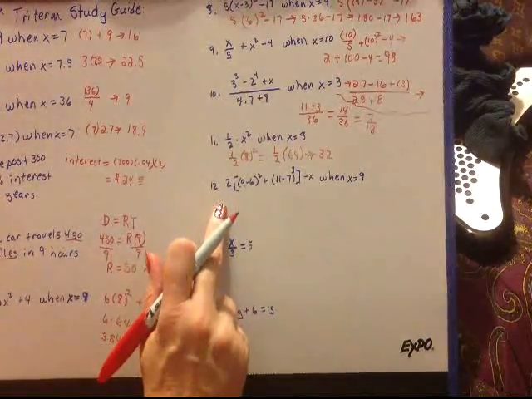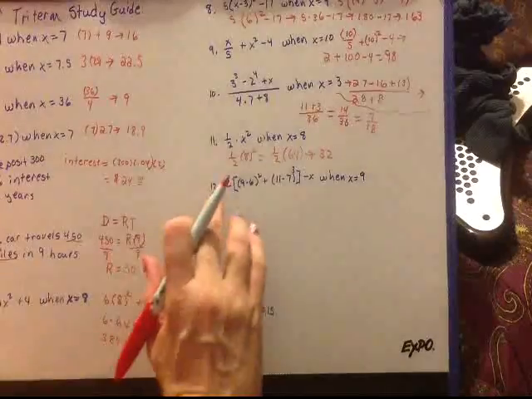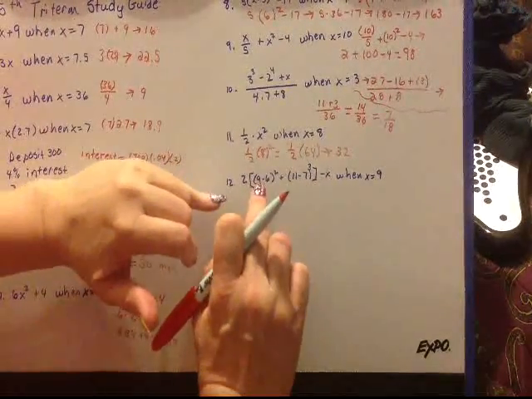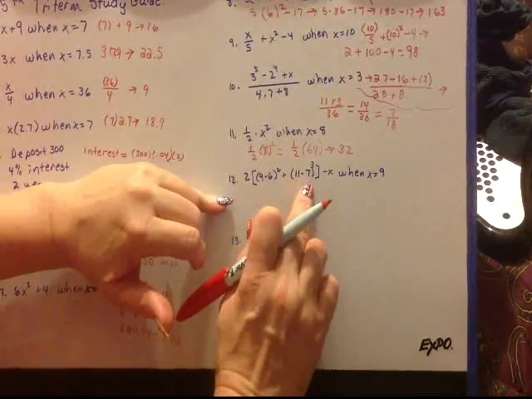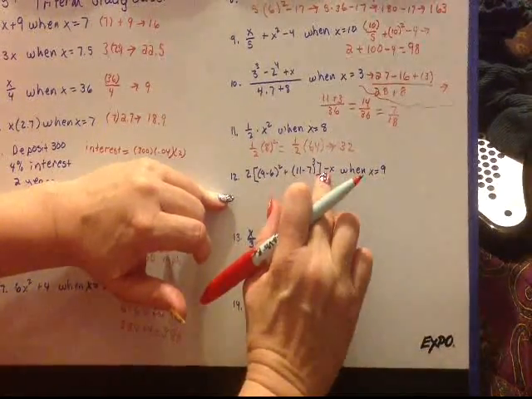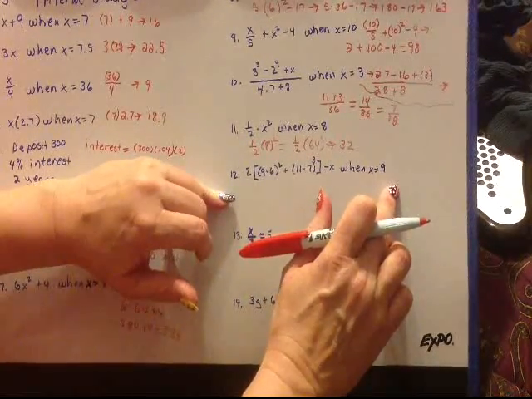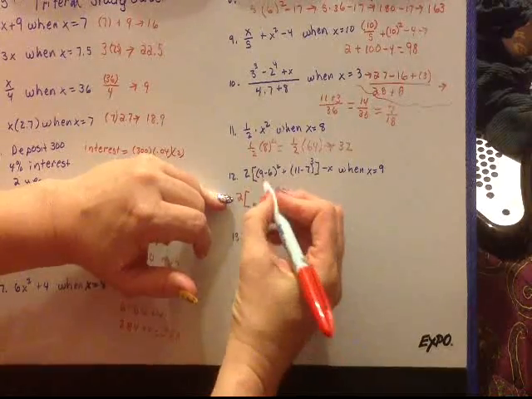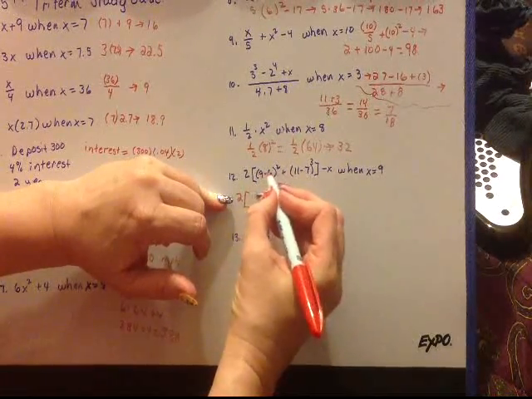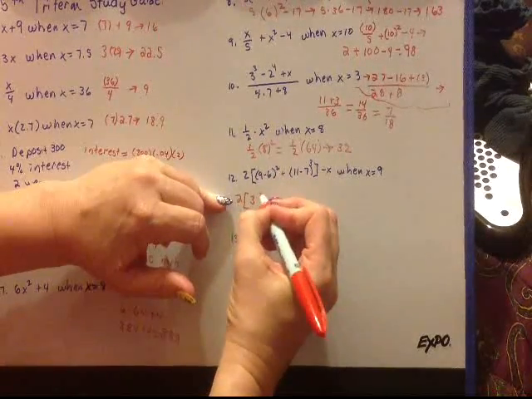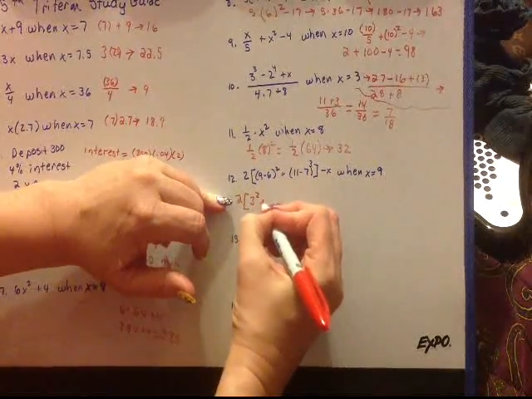Number 12 is also kind of a tricky problem, but we're just going to do it a step at a time. We're going to start with our innermost parentheses, and we're going to substitute 9 for x when we get to that point. 9 minus 6 is 3, and that's going to be squared.